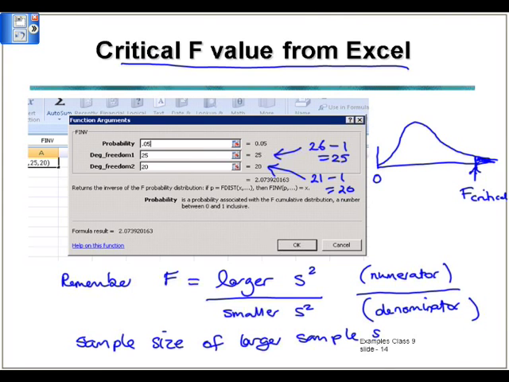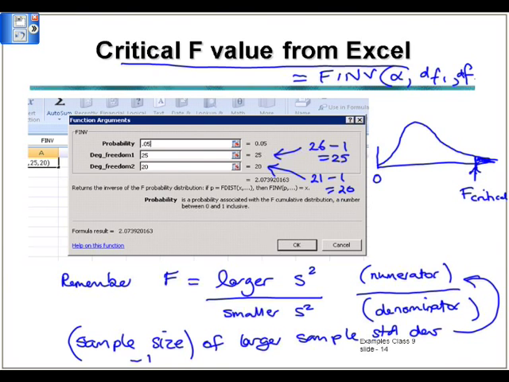So we get our critical F value from Excel by using the FINV function. In FINV, use the alpha value, degrees of freedom for the numerator and degrees of freedom for the denominator, and you can get that straight from Excel. So the critical value we've got from Excel here is 2.07, and that's what we'll use in our test.